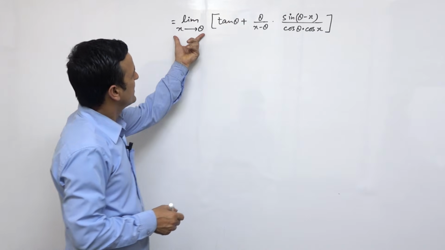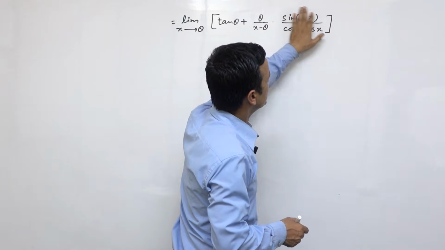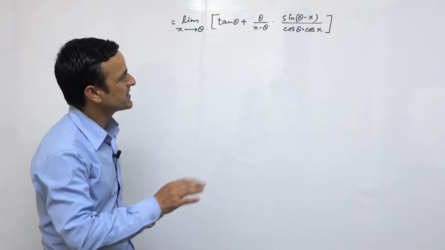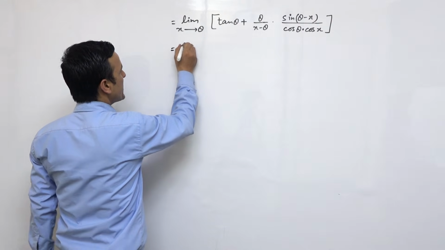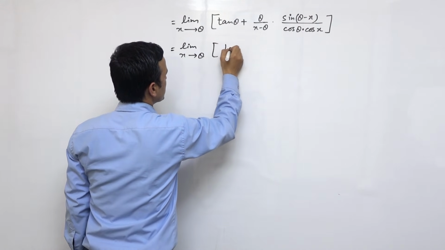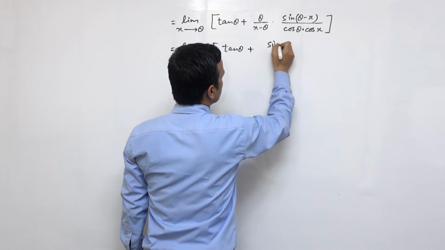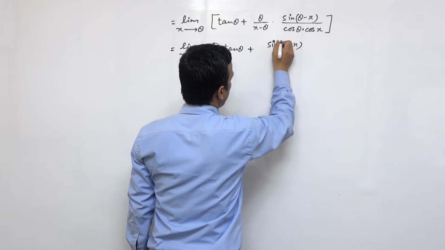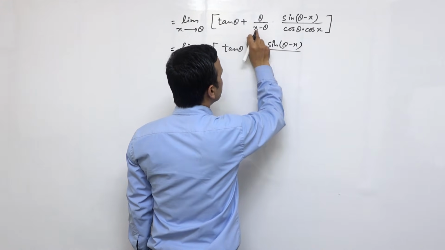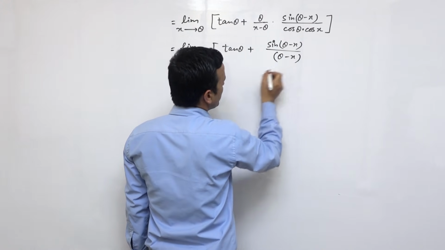Now we have tan theta plus this term and this term sin c minus d, sin a minus b. Now we can arrange this question like this: tan theta plus here sin theta minus x divided by this is theta minus x. So make it theta minus x.